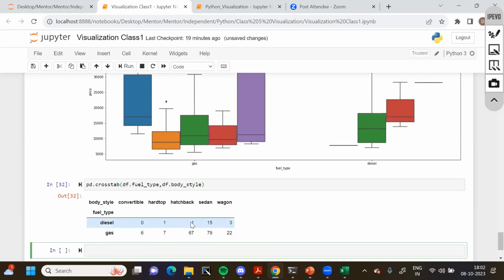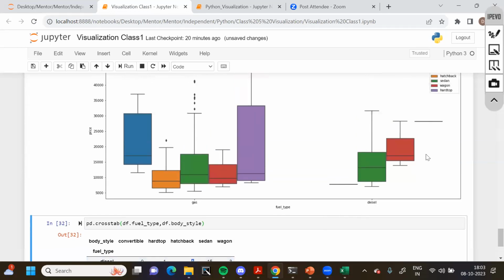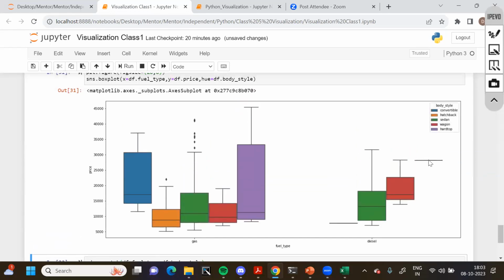So for diesel, there is a hard top. You can see that, right? Diesel hard top is there. There is no convertible car in your diesel. There is a hard top for diesel. There is a hatchback also there. If you see that, only one observation is there.